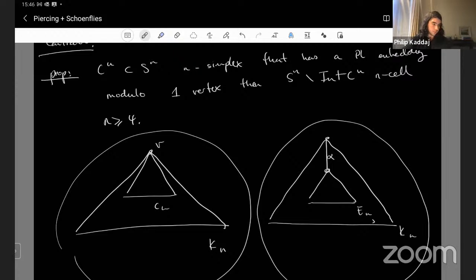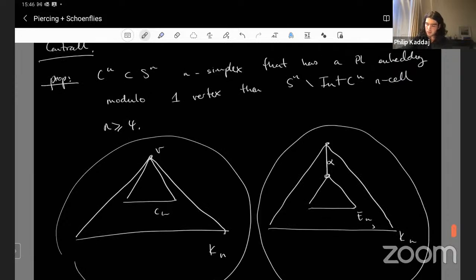Yes, if we have Cn, we can extend this embedding of Cn to an embedding of Kn.